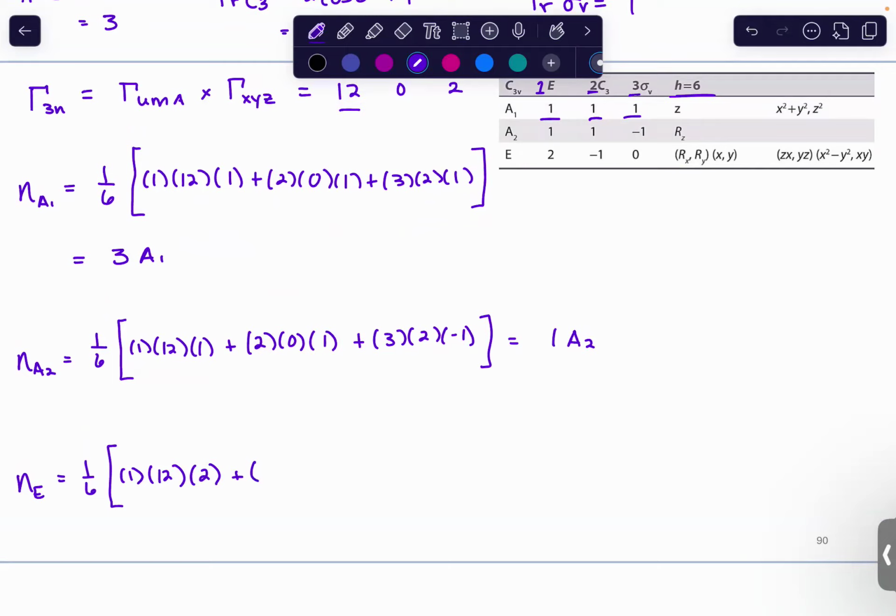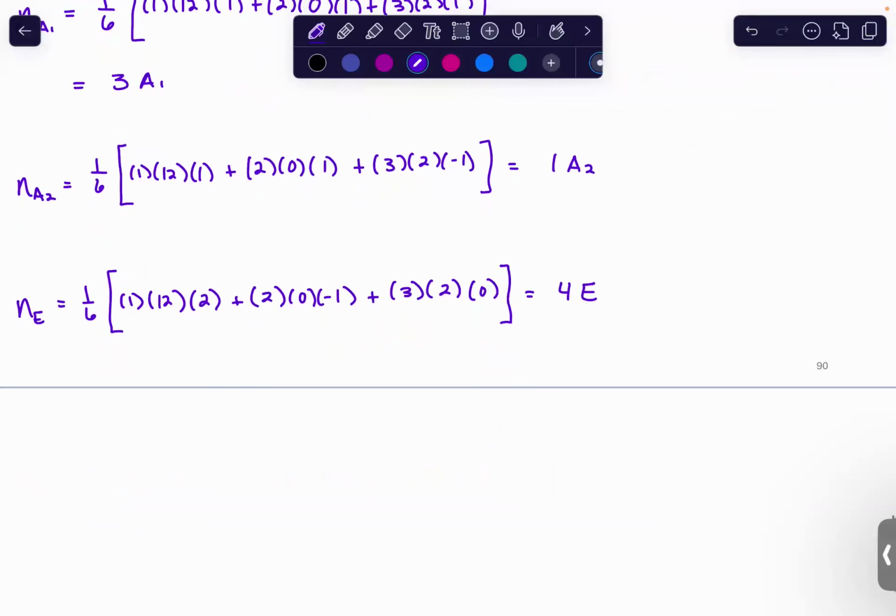Plus, let's see, 2 from in front of the C3, 0 from the gamma 3N, and a -1 from the E row. And then 3 from in front of the sigma V, 2 from the gamma 3N, and 0 from the character table in the E row. When you multiply this up, you're going to get 4 E's.